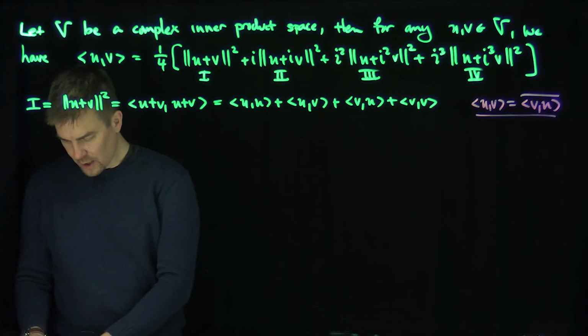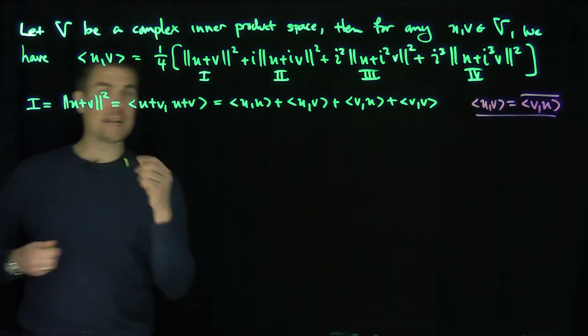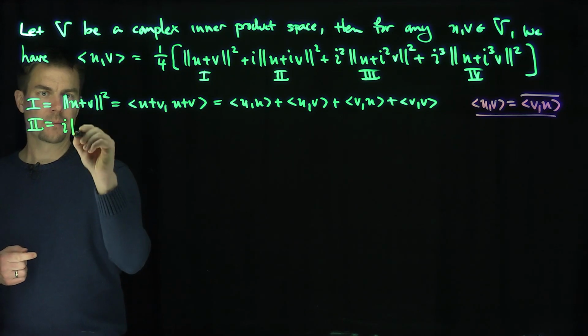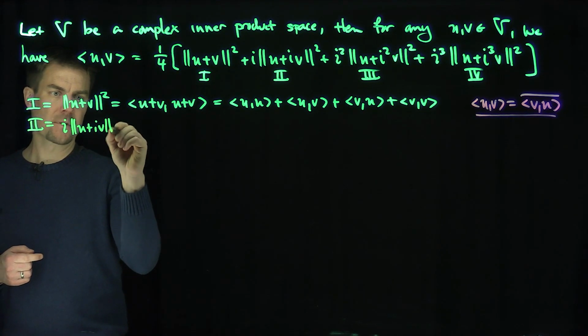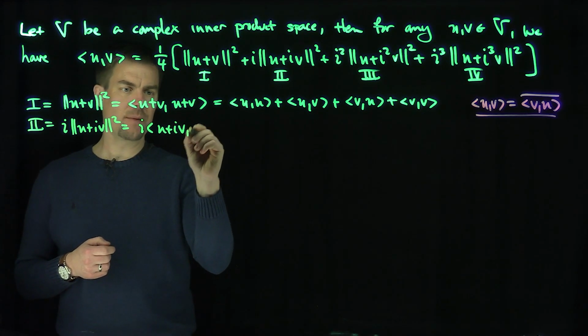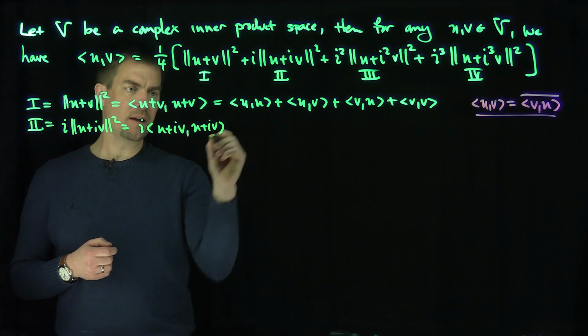Excellent. Let's look at number 2. Number 2 has an i, so we're going to have i's with number 2. This is going to be i times the inner product of U plus iV with U plus iV.